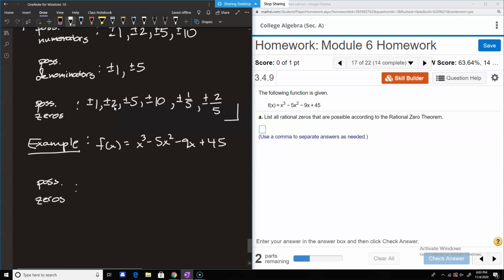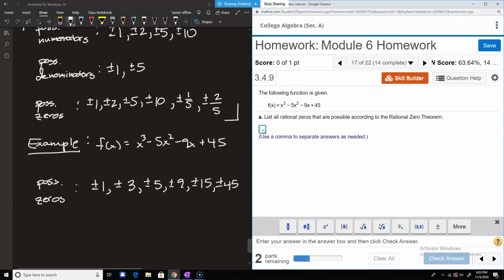So we just need to list the divisors of 45, which are plus and minus 1, plus and minus 3, plus and minus 5, plus and minus 9, plus and minus 15, and plus and minus 45. So still quite a few. So we have to list all these on the deal here.